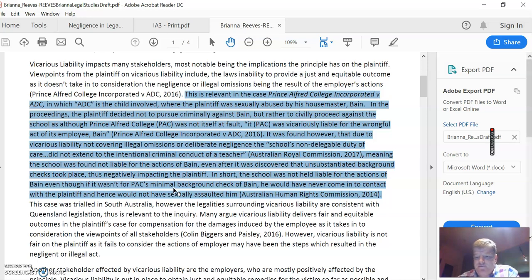The author of this piece of writing is saying, well, if the school had properly performed checks, they would have protected the plaintiff from the sexual abuse, and shown, by using the facts of this case, that this application of vicarious liability seemed to be unfair, not just and equitable to the person bringing the claim. So an example of how the case was used in this argument.